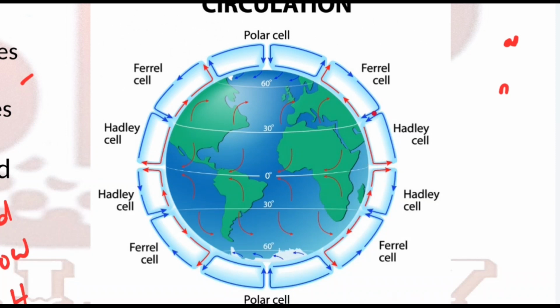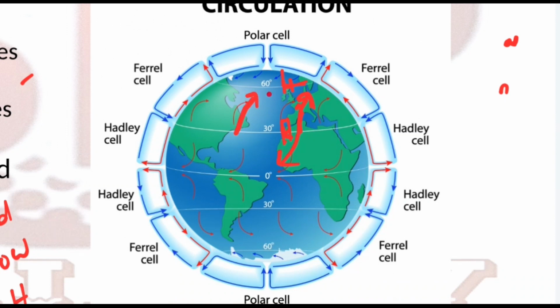The air that descends here will move towards both sides, because it will diverge here. This diverging air will obviously move towards the low pressure zone in the superficial part, since this is a high pressure zone and this is a low pressure zone.